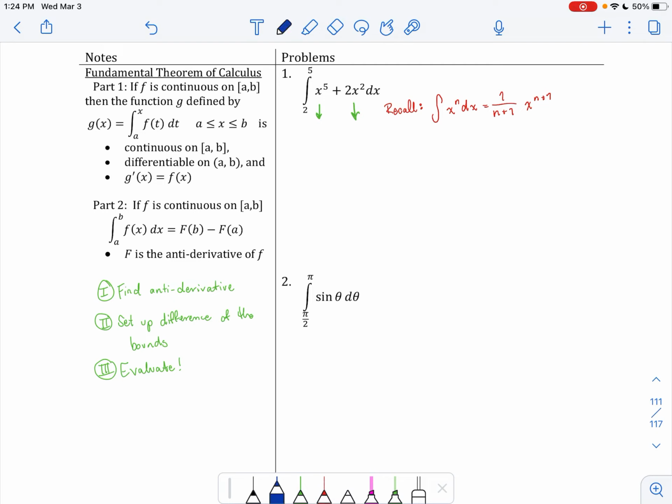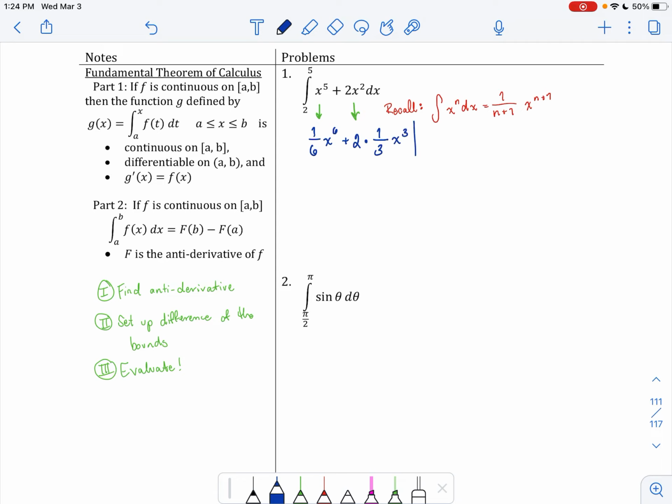So when I take each term separately, I've got x to the fifth becomes 1 over 5 plus 1, which is 6, x to the sixth. And then the 2 there is just the constant in front. And then I take x squared, which would be 1 over 3 x to the third.